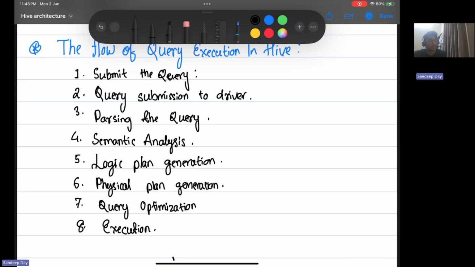Next. Once the execution is complete, the results are fetched.